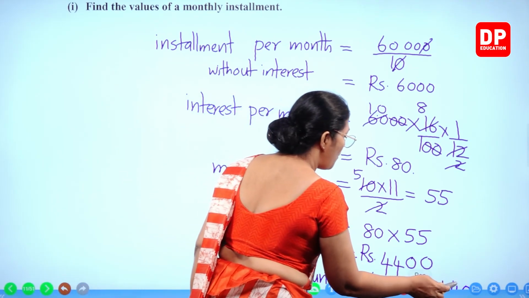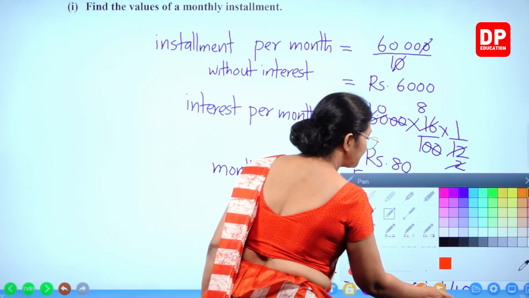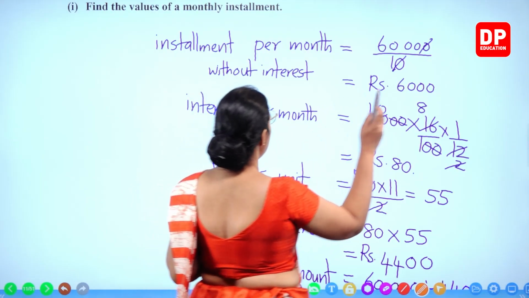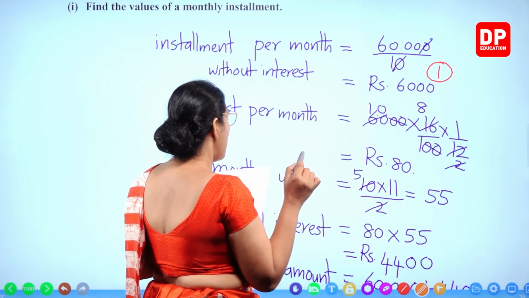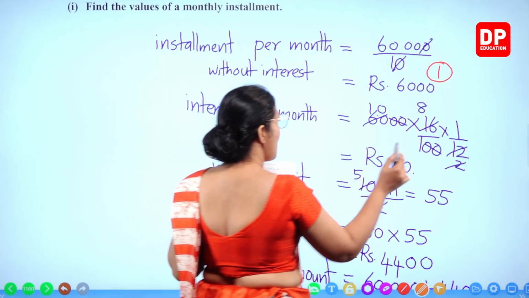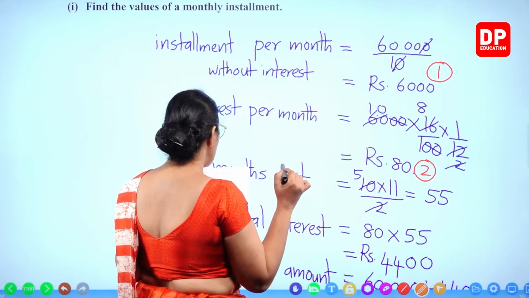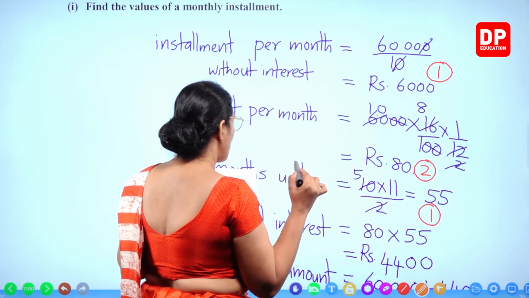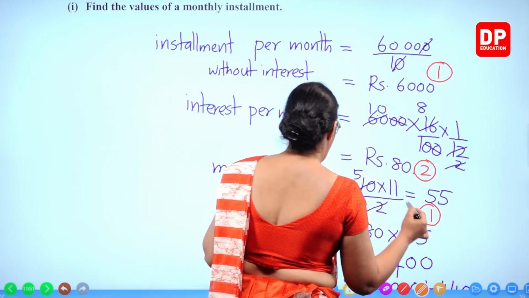So let's see how many marks for each part. You are getting 1 mark for finding the installment without the interest, and then finding interest per month, that's 2 marks. And then how many months units? That's 1 mark. And total interest 4,400 is just 1 mark.